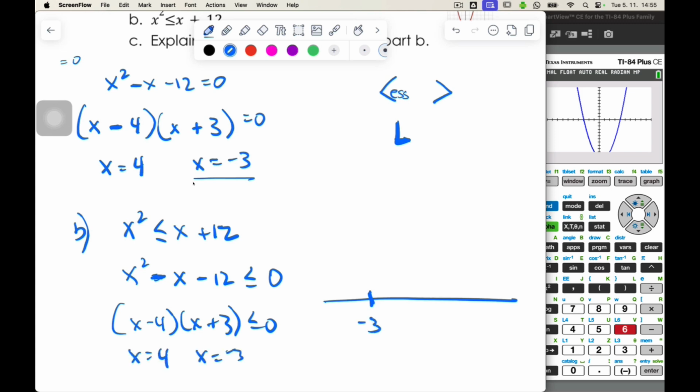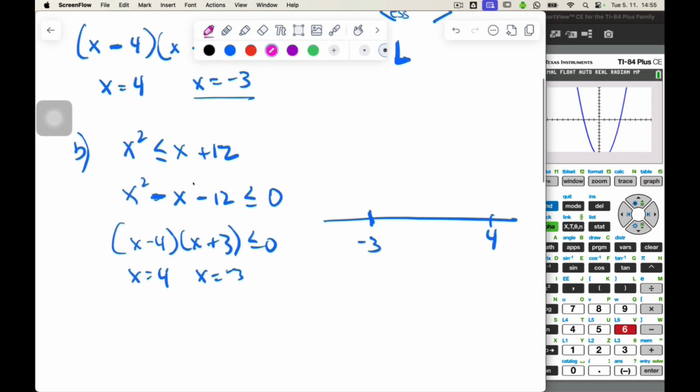So here's my negative 3, here's my 4. And I'm going to choose a number in this region here, less than negative 3. Let's just pretend we choose x equals negative 10. If I plug negative 10 into this factor, I get negative 14, which is a negative value. If I plug negative 10 into the other factor, that's negative 7, also a negative value.